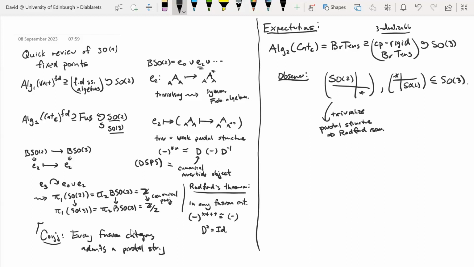To get the Radford isomorphism over here, we needed the SO3 action. So the Radford isomorphism comes from the existence of the SO3 action, which reduces this Z to a Z mod 2. Over here, we needed the category to be a fusion category, to be nice and small so that we could do this. But over here, the braided tensor categories are allowed to be perfectly large, but because they sit inside this three-dualizable category that now uses the braiding, we can trivialize the quadratic dual.